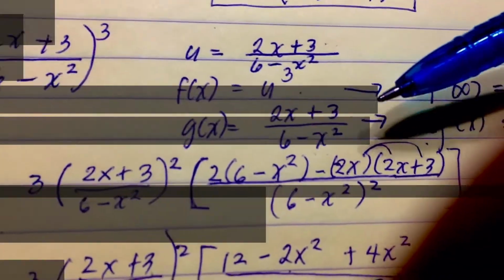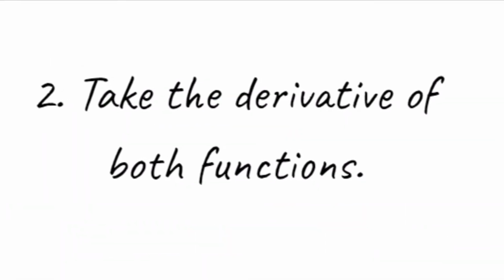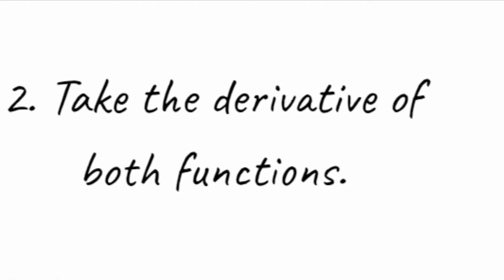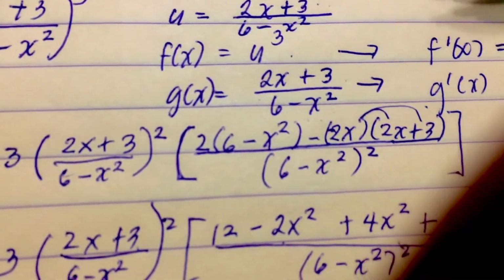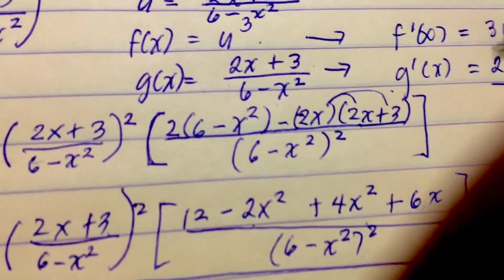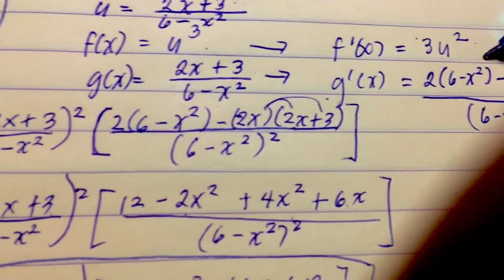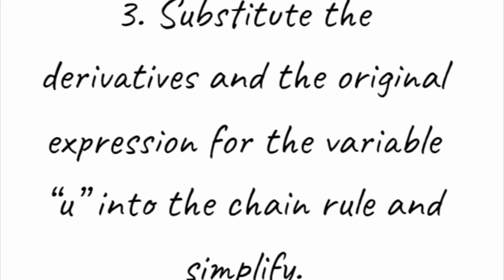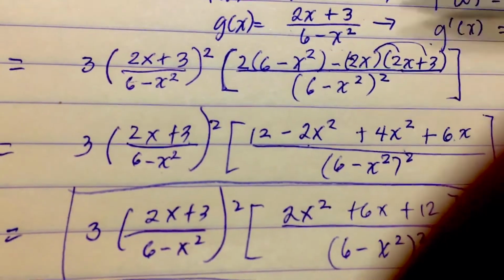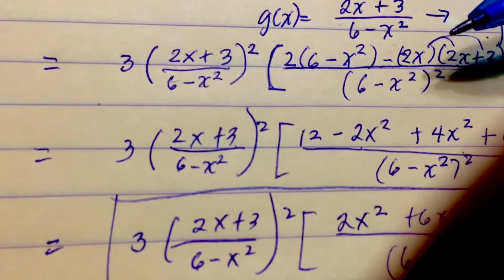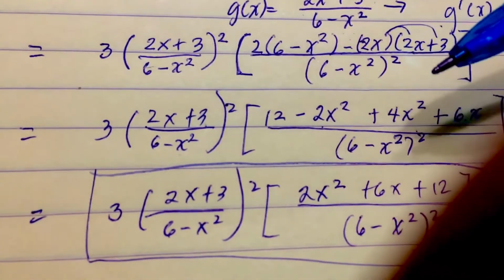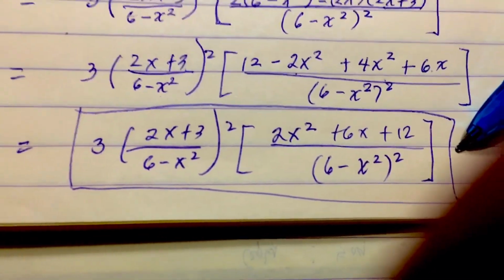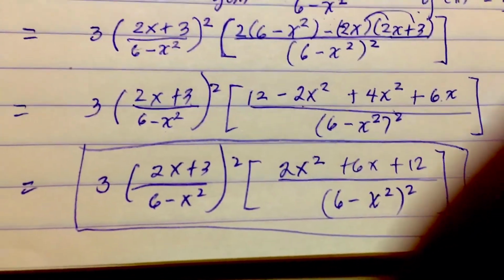After that, you take the derivatives of the functions, that is the derivatives of f of x and g of x. And third, you substitute the values or the derivatives and the original expression for the variable u into the chain rule and simplify so that you can get the final answer.